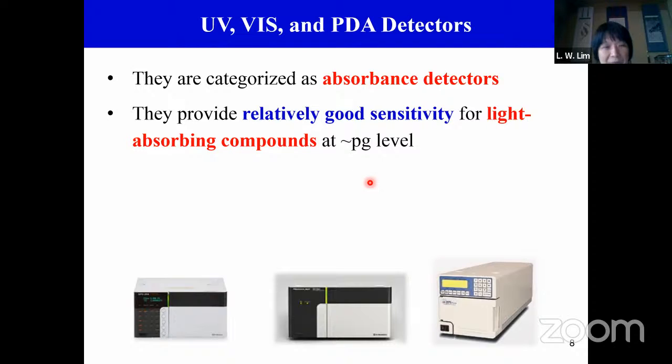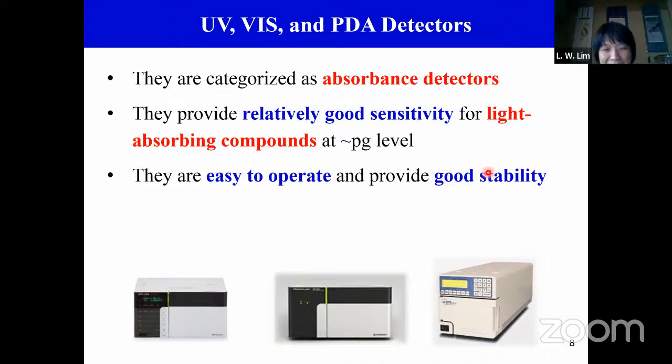Sometimes if you optimize, you can get picogram-level detection sensitivity, which is very high, but in most cases it is around 10 to the minus 6. So you cannot always get very high sensitivity. But the good thing about this kind of PDA or UV-Vis detector is that it is very easy to operate and very stable.